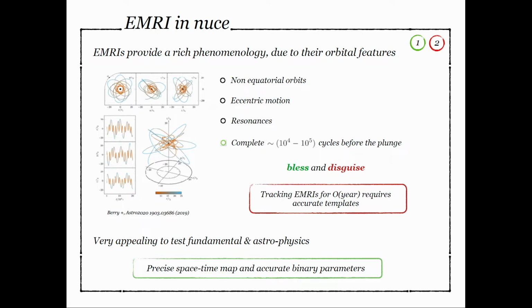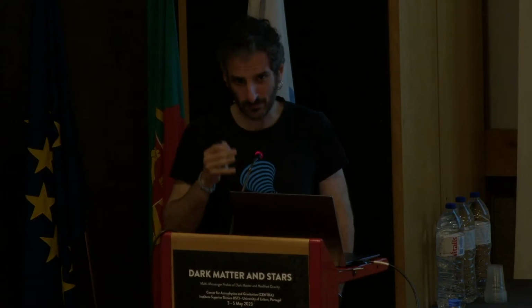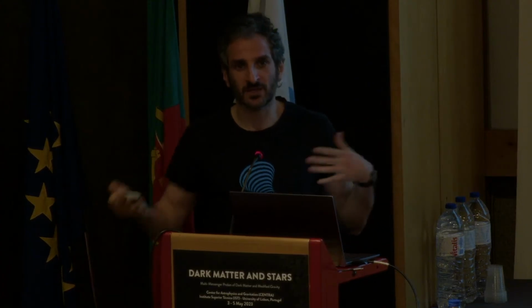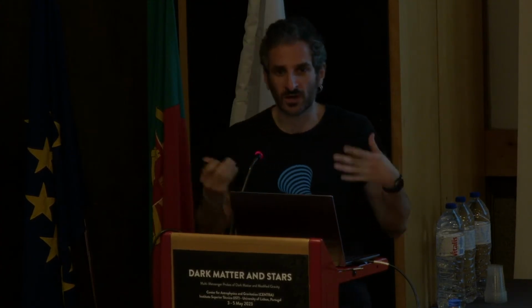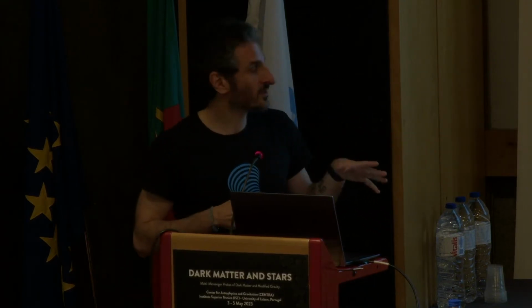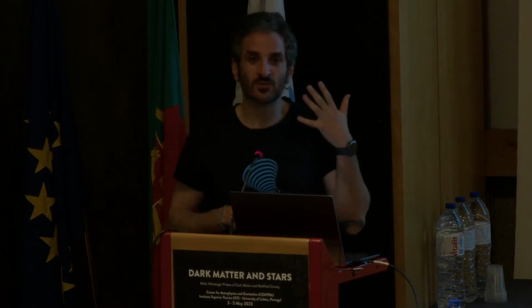Let me start with the blessing. It is a blessing because if you are able to pinpoint all these cycles with very good accuracy, you can have a super precise map of the space-time generated by the binary system, and in principle do whatever physics you want to investigate, provided the physics is there, okay? The disguise is that you need super accurate templates to do this, okay?